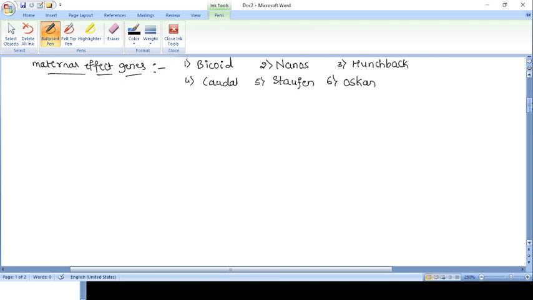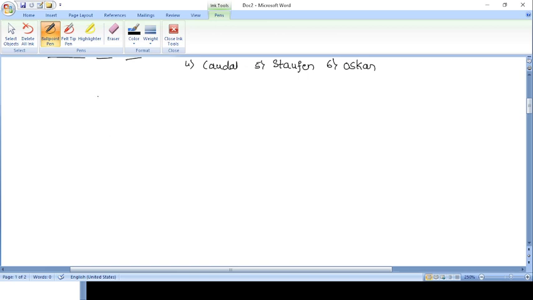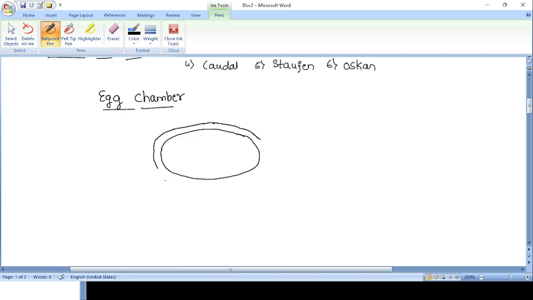Next we'll see the structure of the egg chamber. Here we'll draw a diagram of the egg chamber. These are the nurse cells.